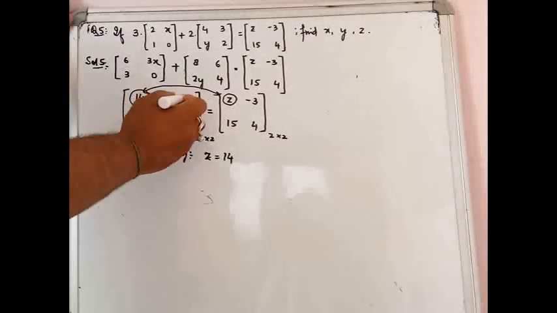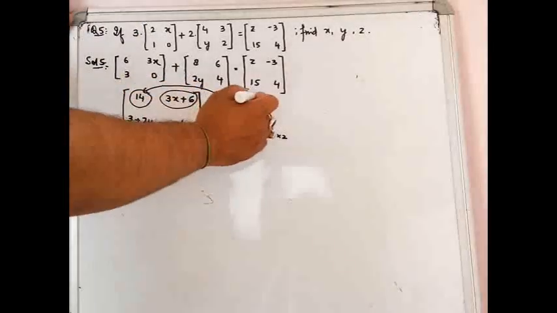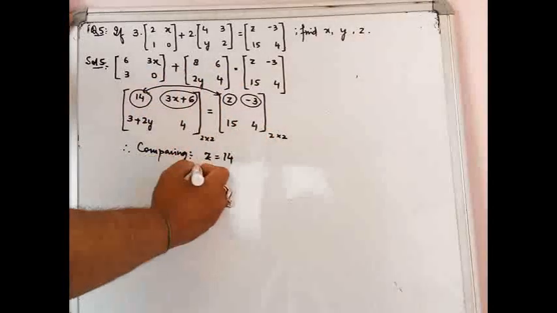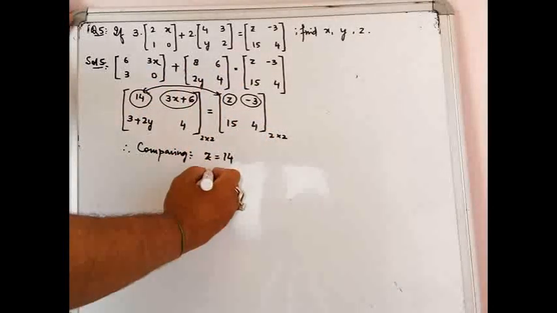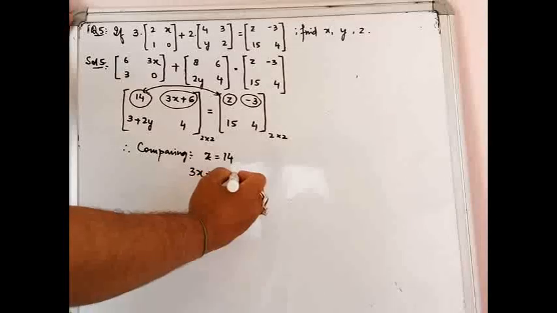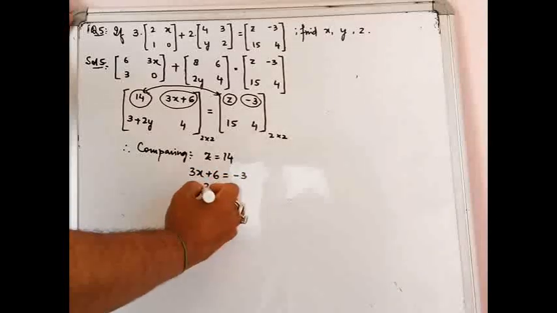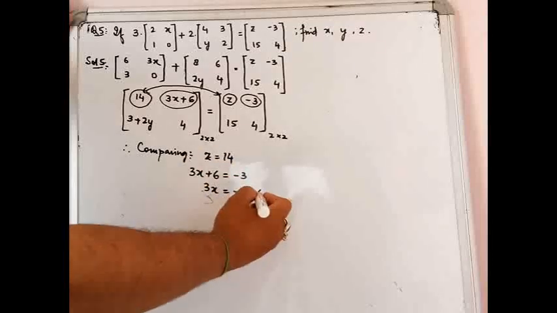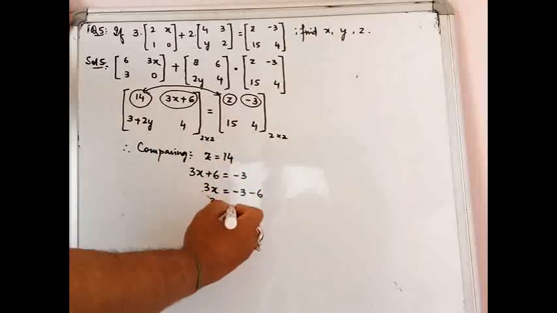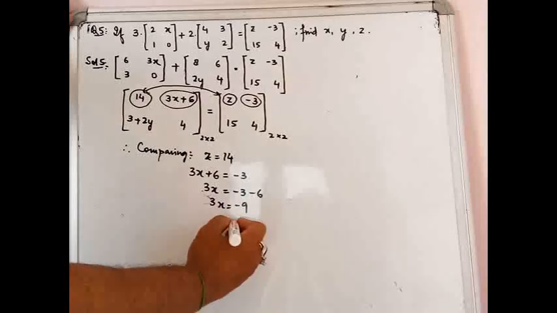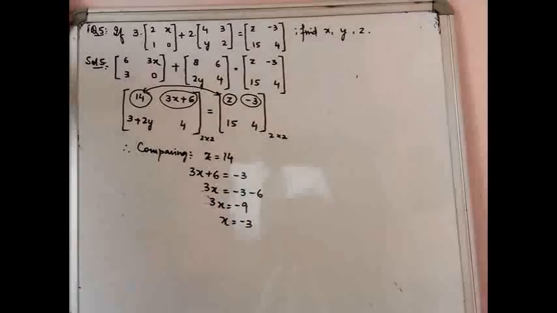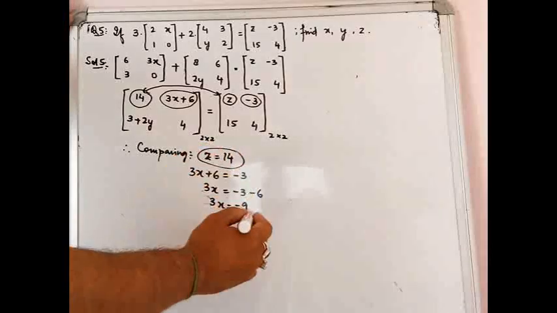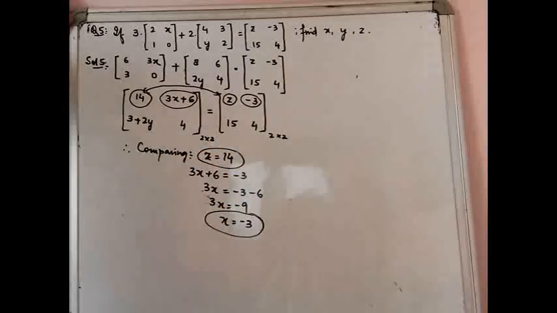Similarly, now you see this second entry over here and this entry over here, they have to be equated. So 3x plus 6 is equal to minus 3. Therefore 3x will become minus 3 minus 6. Okay, so 3x becomes minus 9. Therefore x becomes minus 3. Okay, so z value we had got, we have now got the x value.